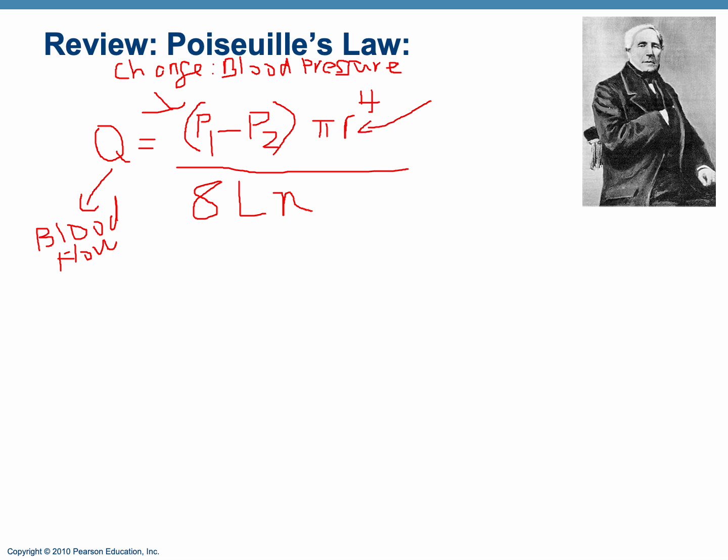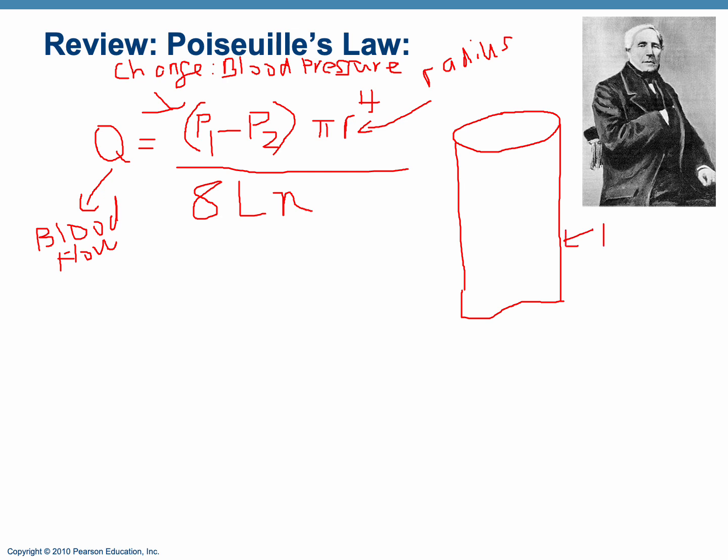The R ultimately is looking at the radius. So if we were to draw a blood vessel, so maybe we have a blood vessel here. Let's say it's the hepatic artery, perhaps.